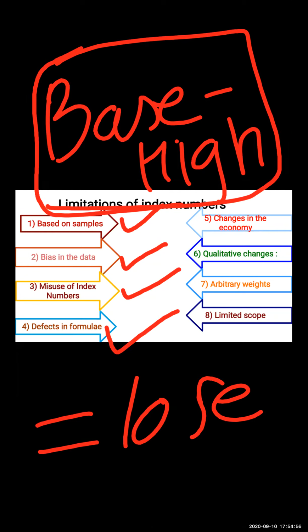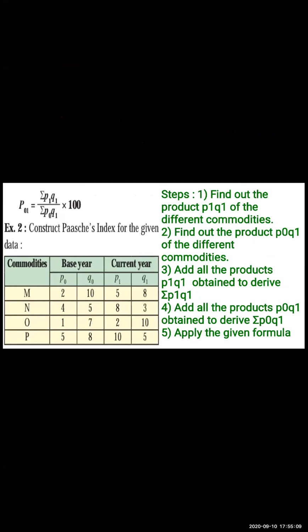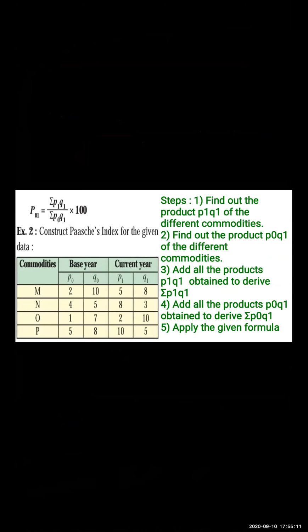Fourth one is defect in the formula. Now whatever formula we have used till now, it is having some or the other defects. For example, if we take the example of Paasche's index number, over here we have got the variable of Q0. But have we used this data?